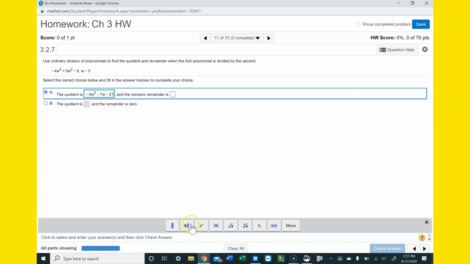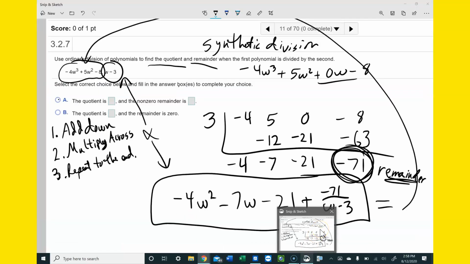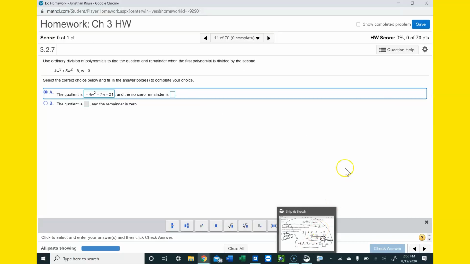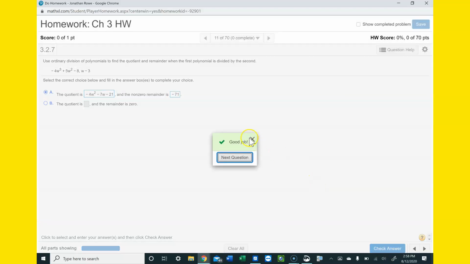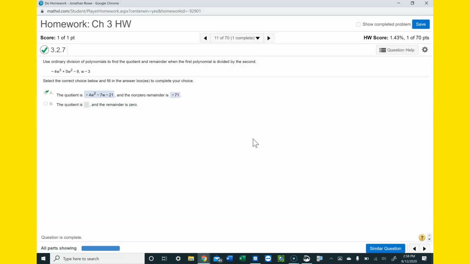I don't remember if that's right. I'm just trying to remember what I wrote. That is correct. And then the remainder is negative 71. That is the right answer. So that's how you type your answer in for that problem.